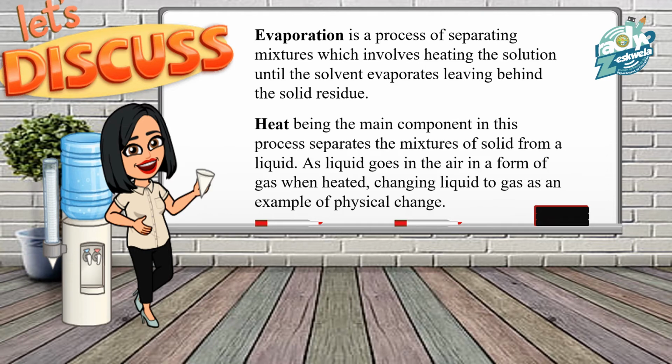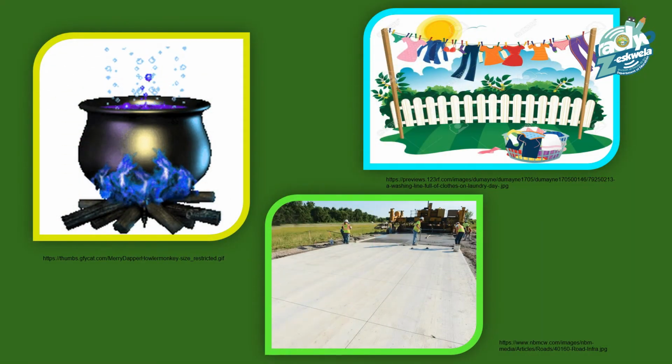Heat, being the main component in this process, separates the solid from a liquid. As liquid goes in the air in the form of gas when heated, changing liquid to gas is an example of physical change. Some examples of evaporation are boiling water, drying clothes, and drying of roads after heavy rain.